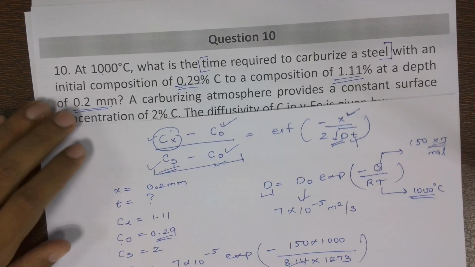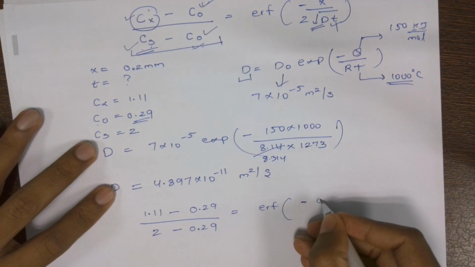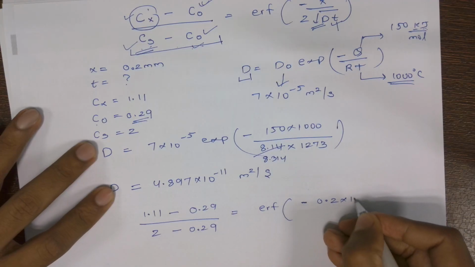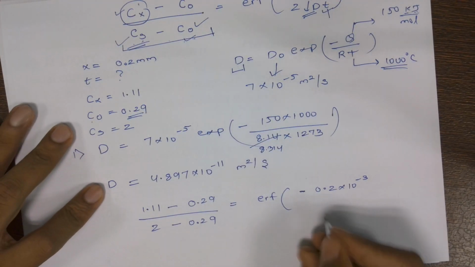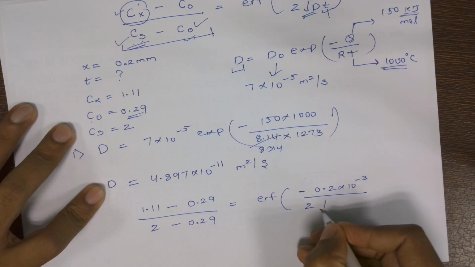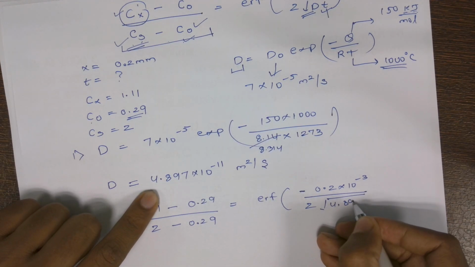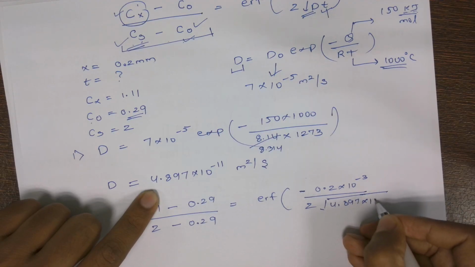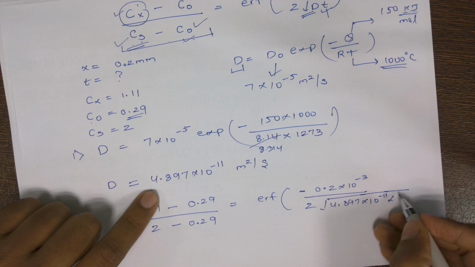X is 0.2 mm, right? So we'll convert this into meters, 10 to the power of minus 3, divided by 2 root over D. D we just found, 4.897 multiplied by 10 to the power of minus 11, and multiplied by the time which is required.